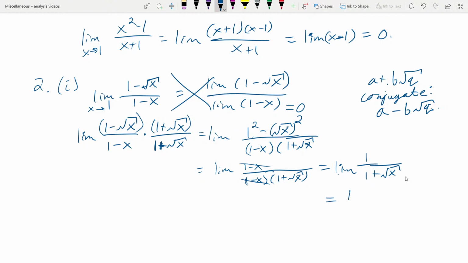The limit of this is the limit of 1 over the limit of 1 plus root x as x goes to 1. At the bottom, it's just 1 plus root 1, which is 1 plus 1, so we get 1/2.